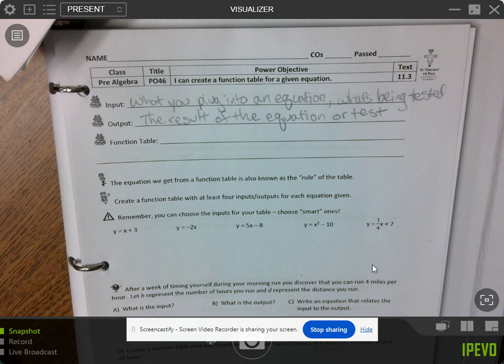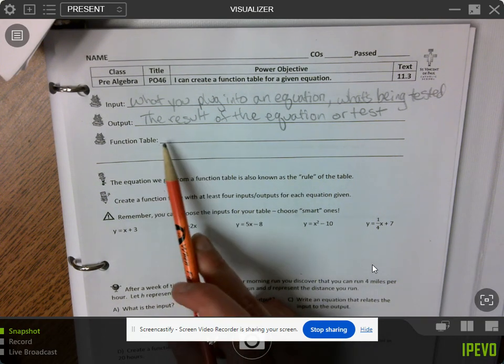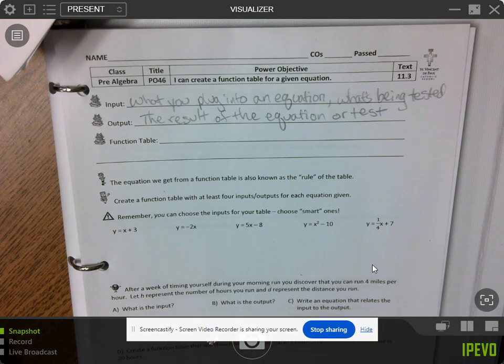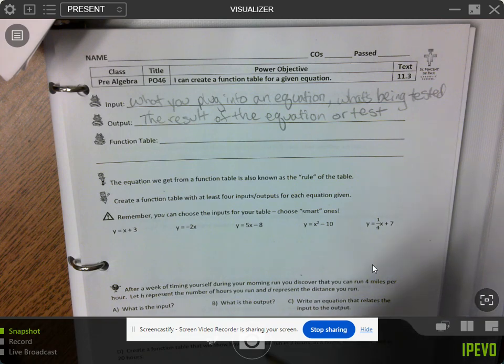All right, so the equation or function table. This whole unit's about function tables. We really need to know what function table means.